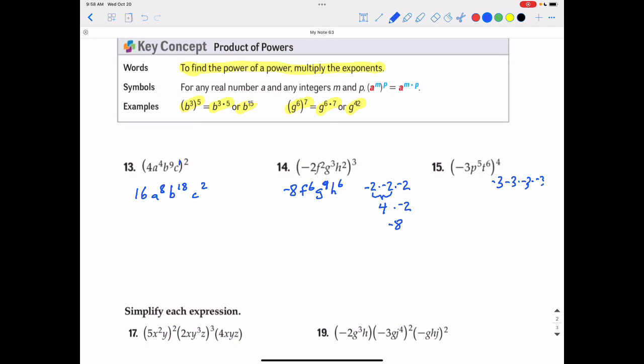Okay, so the first two negative 3's, negative 3 times negative 3 is positive 9. And when we multiply the last two negative 3's, we also get positive 9, and 9 times 9 is positive 81. So negative 3 to the 4th power is positive 81. And then p to the 5th to the 4th would be p to the 5 times 4 is 20. And then t to the 6th to the 4th power would be t to the 24th. So there's your final answer on that one.